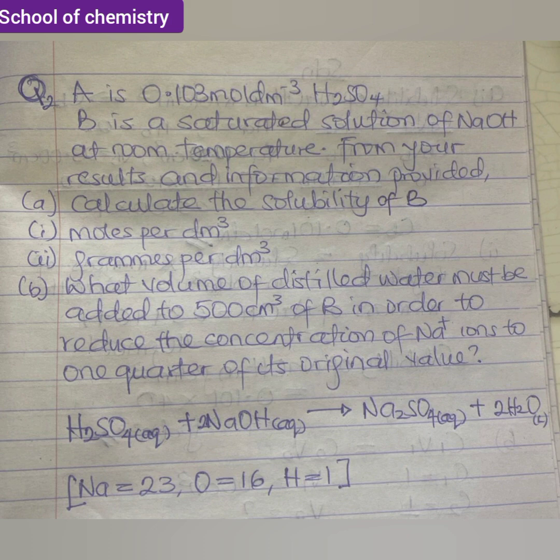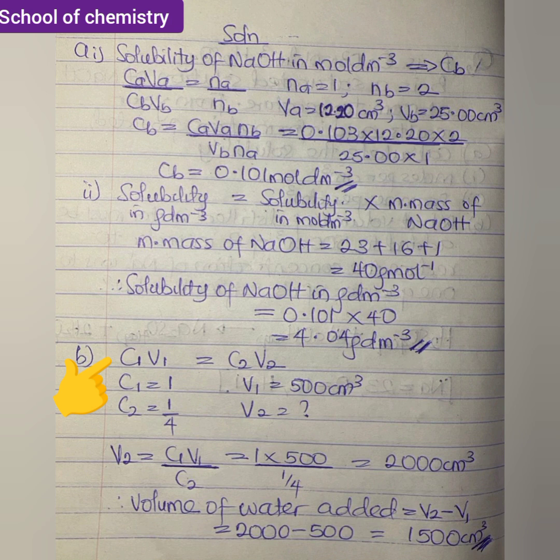Now, if you look at the other part of B, it said we should find the volume of water that will be added. There's a law around the volume of water added in dilution. We know that C1V1 is equal to C2V2. C1 is our initial concentration, V1 is our initial volume. C2 is our final concentration, V2 is our final volume.